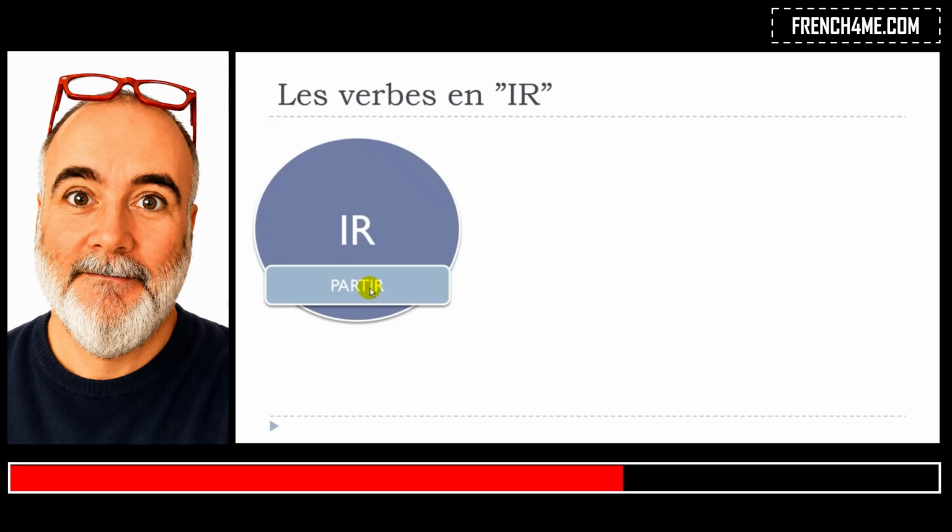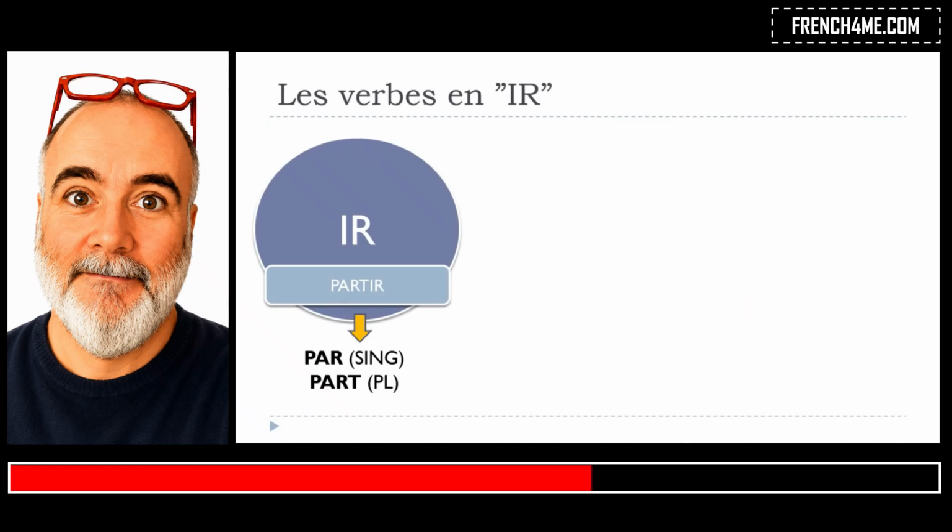And so, as I said, the idea is that we will have two different roots, two different stems, okay? And the first one will be PAR for the singular form. So we're talking about je, tu, il and elle, so the singular form, okay? And then for the plural form, we will have PART, okay? And we're talking about nous, vous, ils, elles.